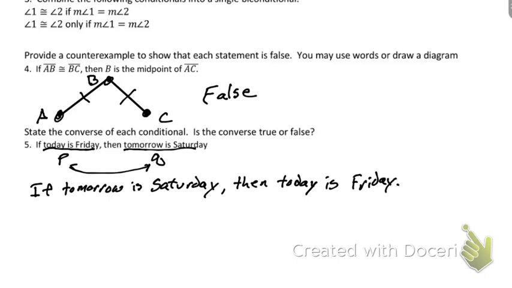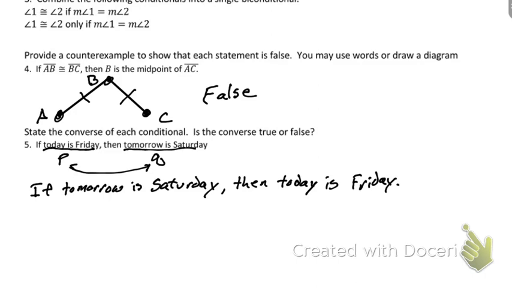True or false? Is there ever a time where tomorrow is Saturday, but that day is not Friday? Yeah. This is true. If tomorrow is Saturday, it must be Friday. I can't on Wednesday go, oh, tomorrow's Saturday. I can't on Monday go, oh, tomorrow's Saturday.